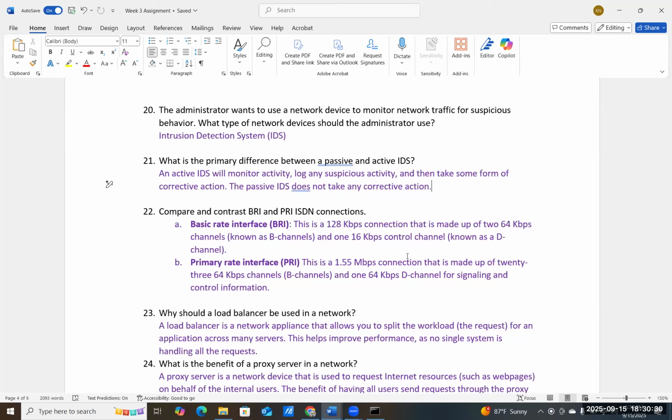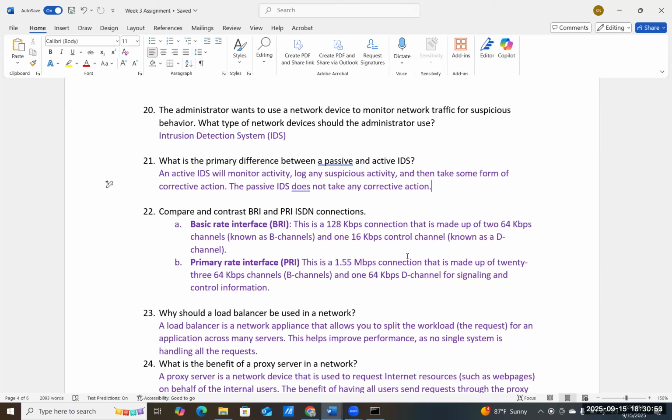So there are two types. One is BRI. You see this on A+, you see it on Network Plus, you hear it again on Security Plus, right? Old technology, but you have to understand it. The basic rate interface, BRI, uses 128 kilobit per second.